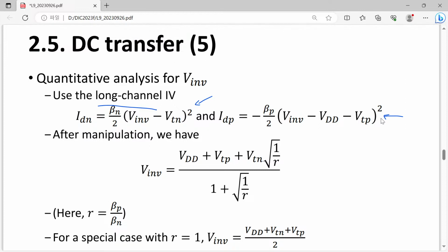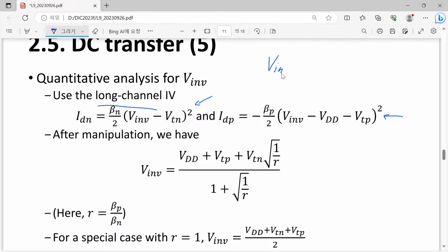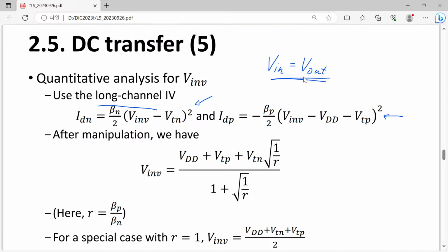How can you justify this assumption? It is because we are now trying to find the condition of Vin equal to Vout. In this case, it is certain that in both cases the NMOSFET and PMOSFET are in saturation mode. Okay?